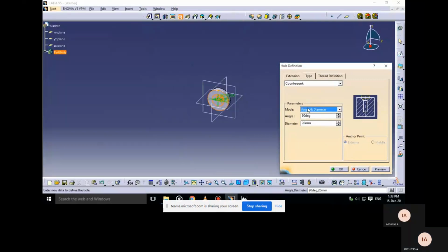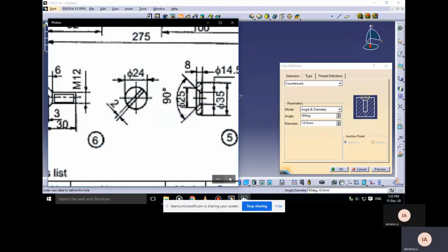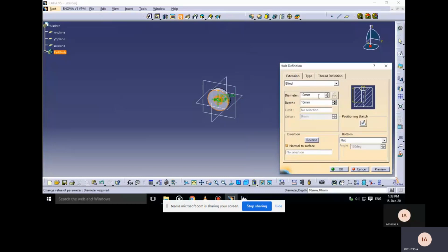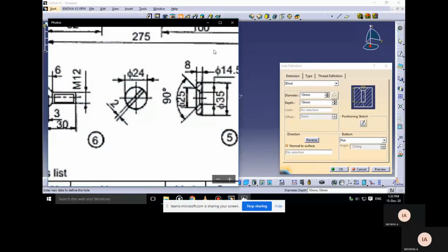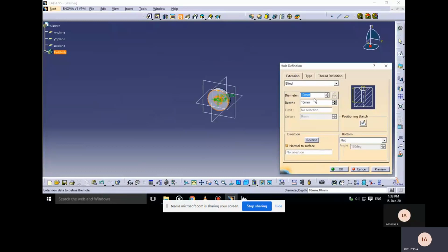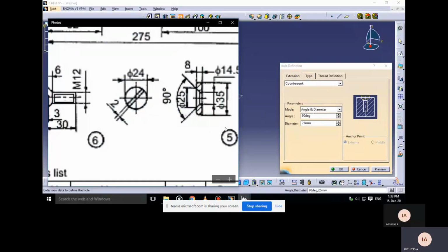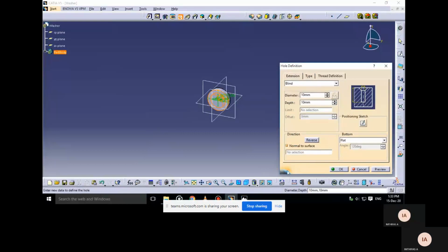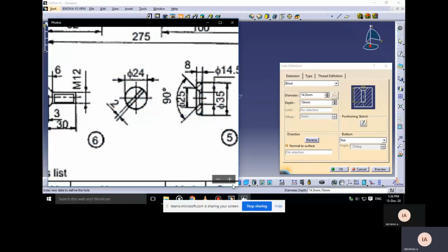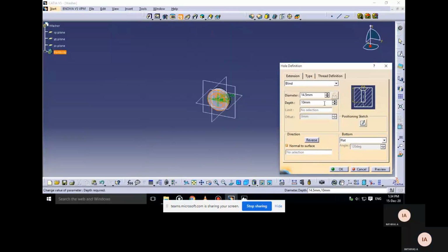Angle is 90. The dia of the hole is 14.5. Depth is 8 mm.